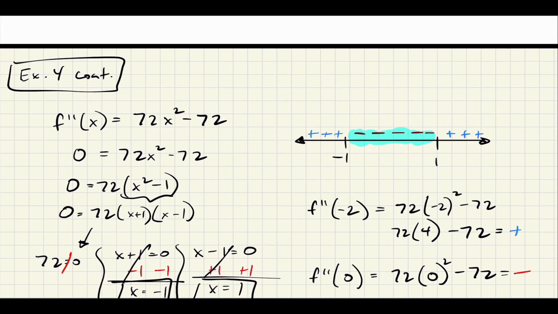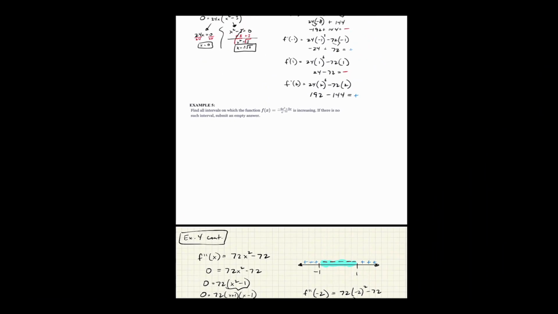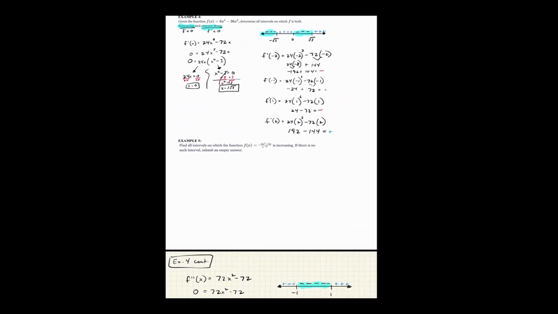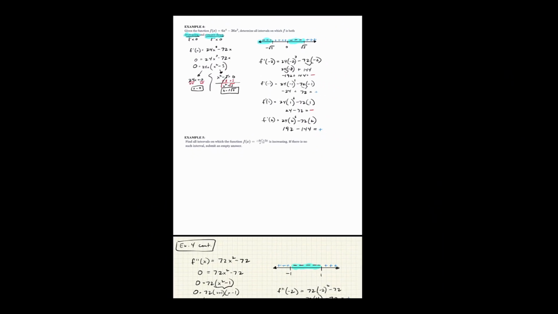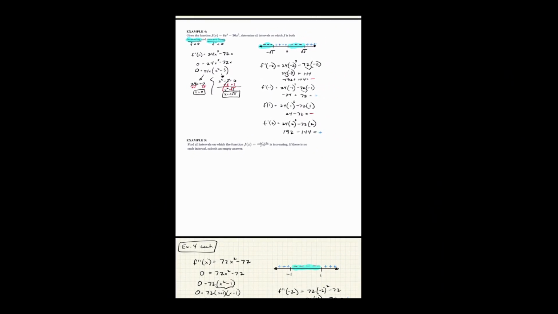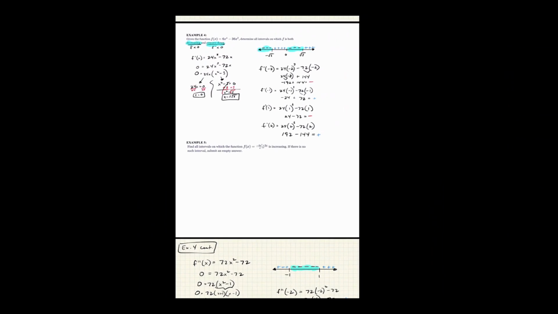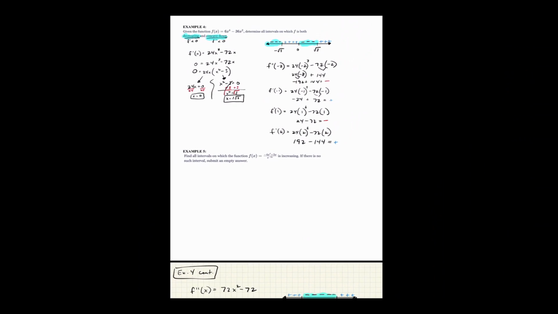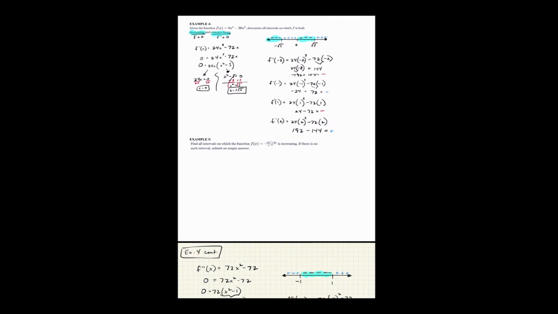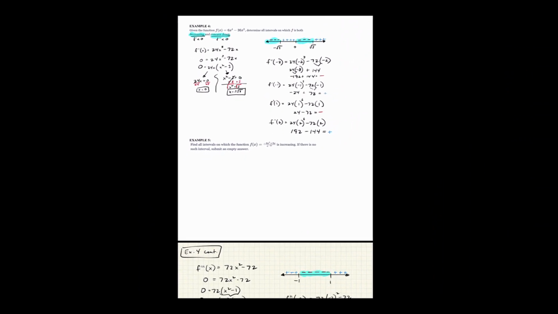So now what we got to do is see where they share territory. Where do they share territory? It looks like 0 to 1. Yeah, it looks like 0 to 1 is where they share territory.